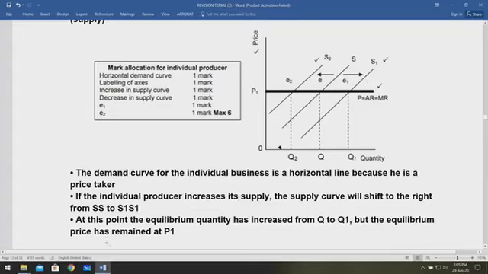We are saying exactly what has been drawn there. That is the one thing you must remember. At this point, the equilibrium quantity increases from Q to Q1, but the price is still the same at P1. So even though I'm supplying more, I can't sell for more, but my revenue is increasing because I'm selling more than I had at Q.